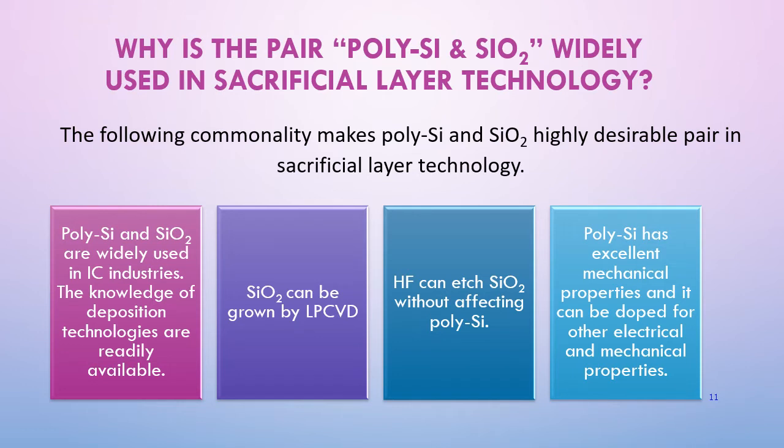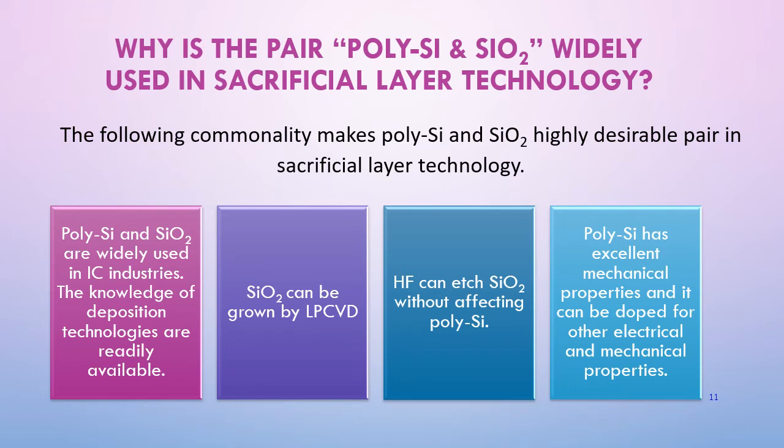Silicon oxide can be etched away using hydrofluoric acid, and it will not affect the polysilicon, so it's an easier process. Polysilicon has excellent mechanical properties and it can be doped for other electrical and mechanical properties. That's why polysilicon is used.